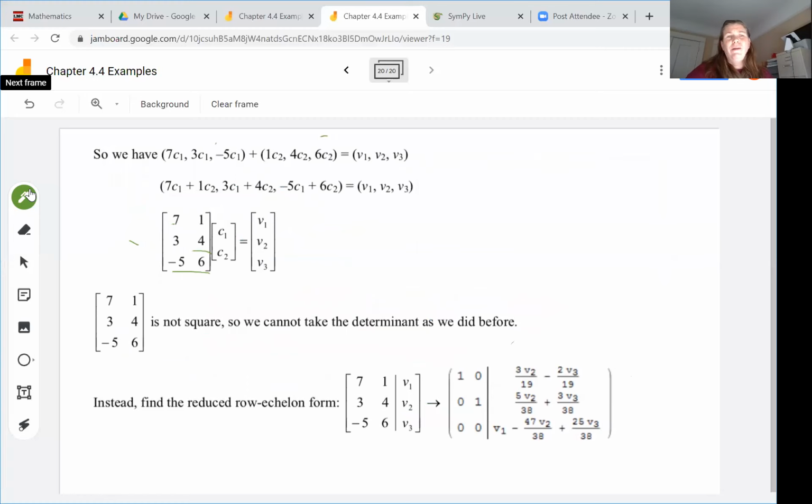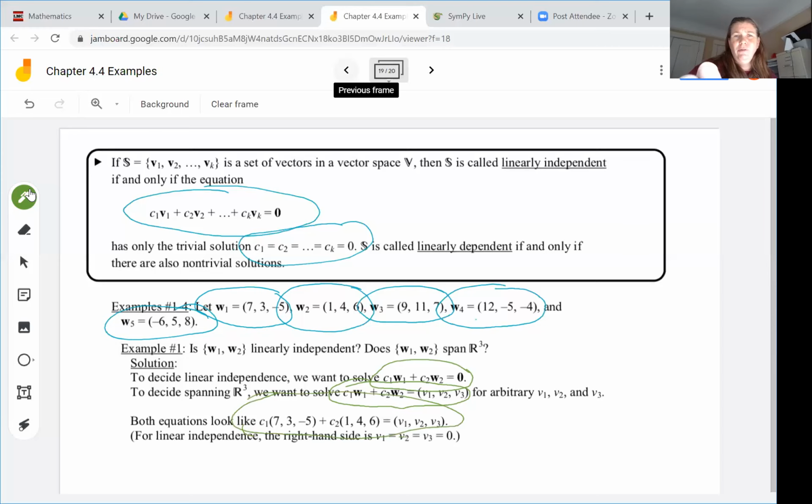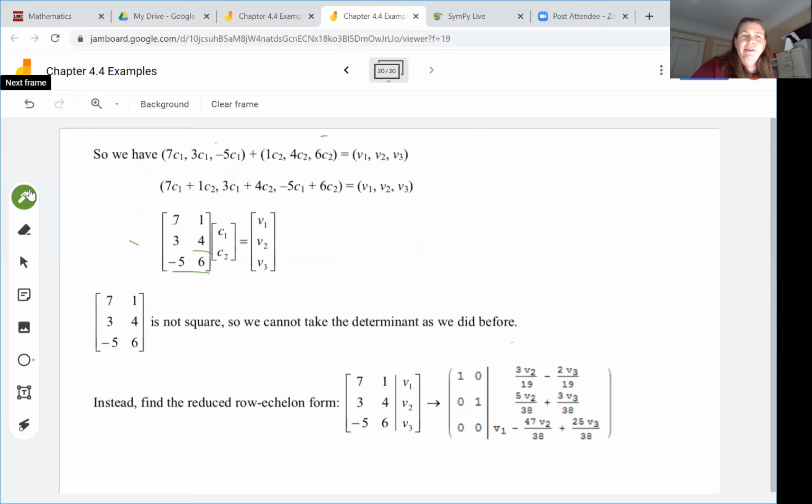Okay, so rearranging, if we multiply our scalars C1 and C2 through, we have 7C1, 3C1, and negative 5C1, plus 1C2, 4C2, and 6C2, and we're setting that equal to arbitrary vector V1, V2, V3. So then I'm going to combine the first elements together.